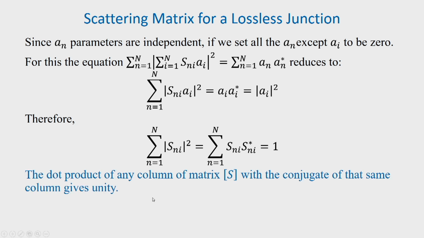Therefore, we can write that the dot product of any column of the scattering matrix S with the conjugate of the same column gives unity. And please note that here this i may take any value from 1 to n. So this relationship will hold for any column of the S matrix.